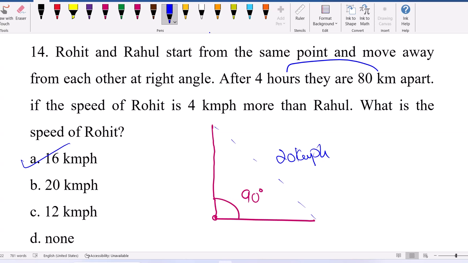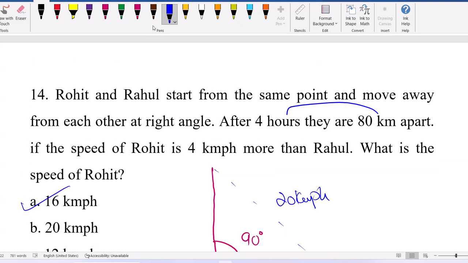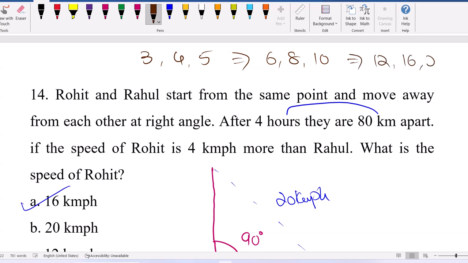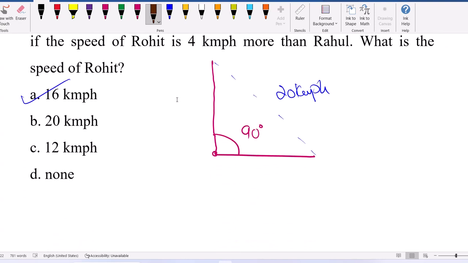Triplet we call 3, 4, 5 because 3 square plus 4 square equal to 5 square, and any multiples of that will automatically satisfy. 3, 4, 5 satisfies, double it, 6, 8, 10 will satisfy. 6 square plus 8 square equal to 10 square. Again double, 12 square plus 16 square equal to 20 square actually. So one person's speed should be 12, the other 16.